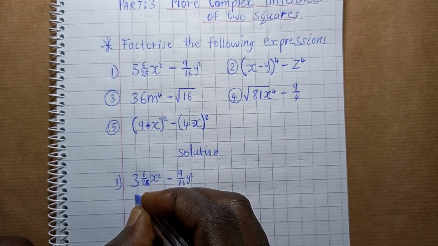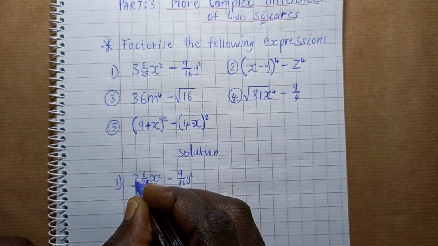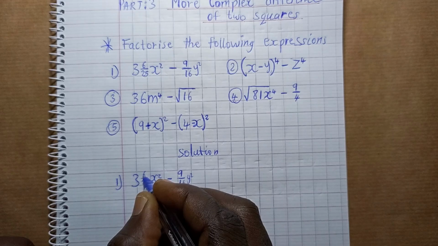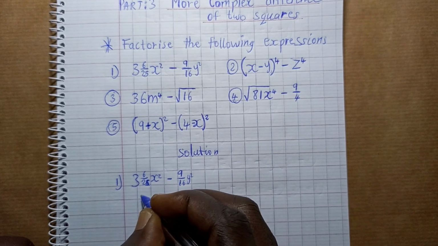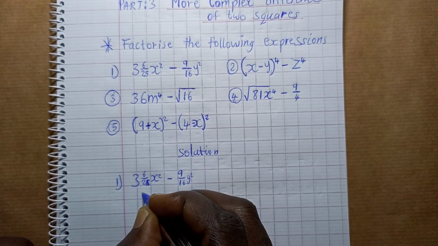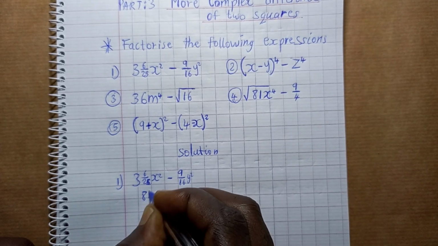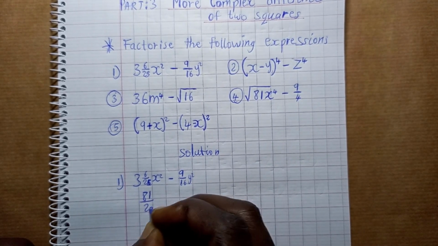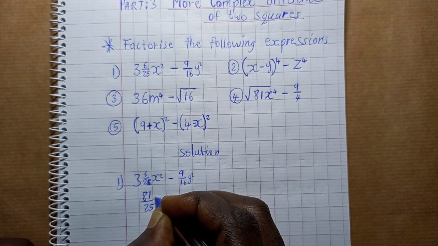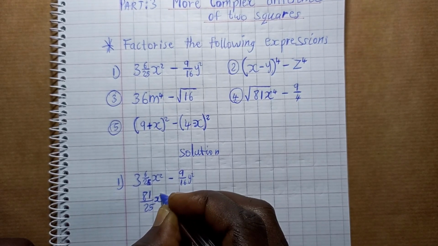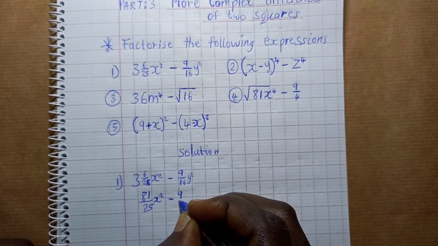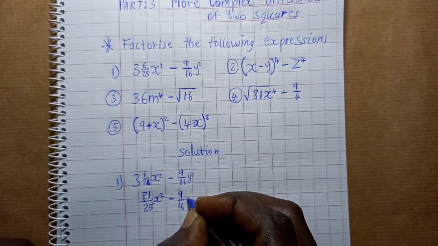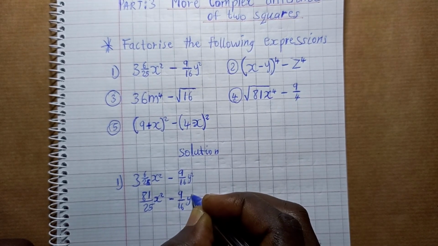So this can be broken down into 25 times 3 plus 6, that will give us 81 over 25 x square minus 9 over 16 y square.